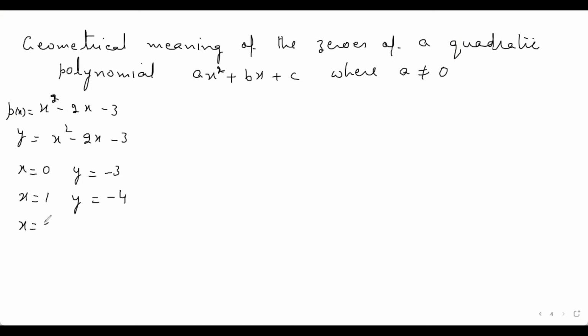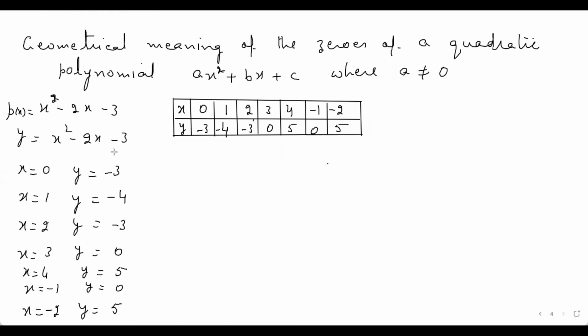If x is equal to 2, y is equal to 2 twos are 4, minus 4, minus 3, this is minus 3. If x is equal to 3, y is equal to 0. If x is equal to 4, y is equal to 5. If x is equal to minus 1, y is equal to 0, and if x is equal to minus 2, y is equal to 5.